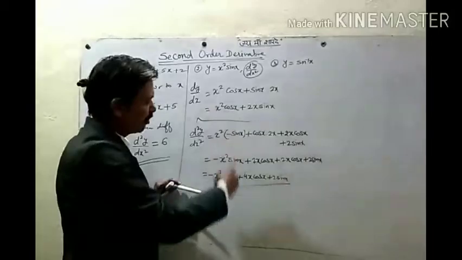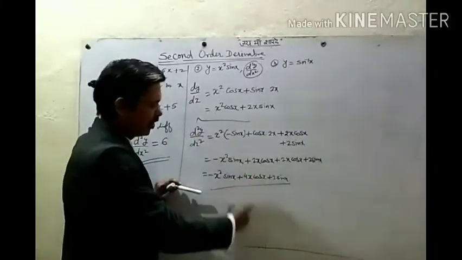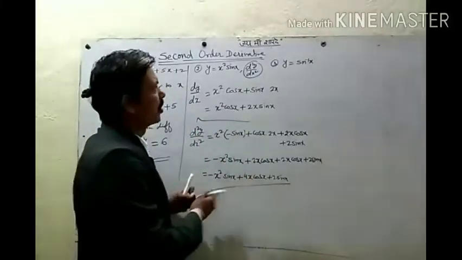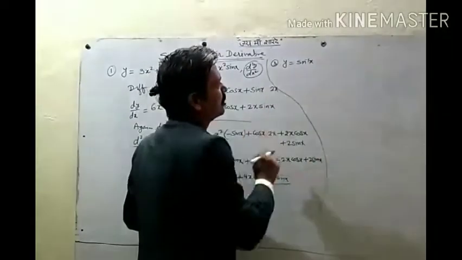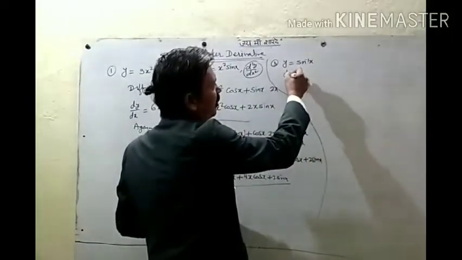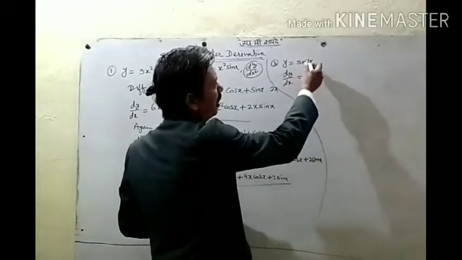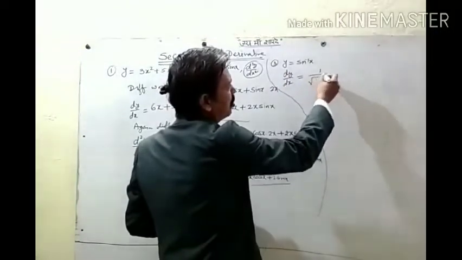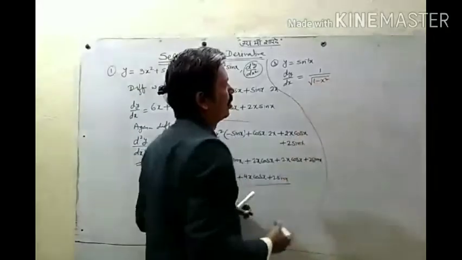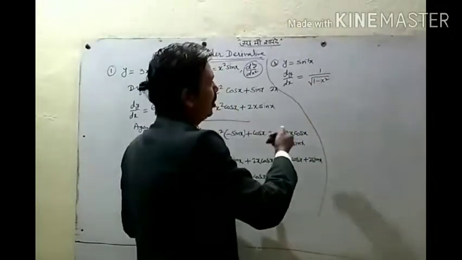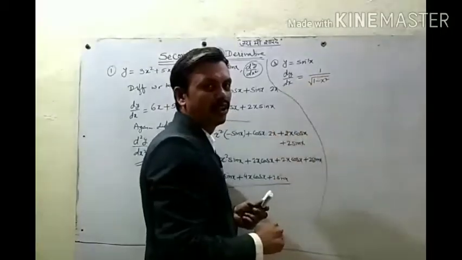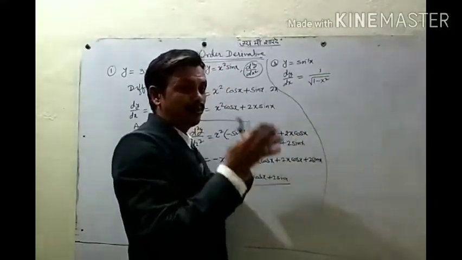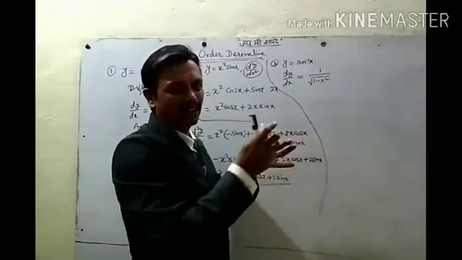In the same way, if you want to find the third order derivative, again you can differentiate. Now we want to find the second derivative of y equal to sin inverse x. If we differentiate, the derivative of sin inverse x is 1 upon under root 1 minus x square. Now again differentiating, here we would have to apply the quotient rule, but we know that the product rule is easier than the quotient rule.